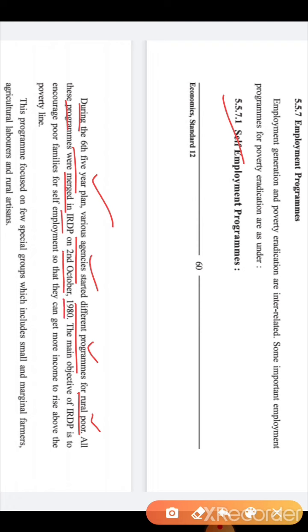You have to remember this date and this information because it can come for MCQ and one line. The main objective of IRDP is to encourage the poor family for self-employment so that they can get more income to rise above the poverty line.